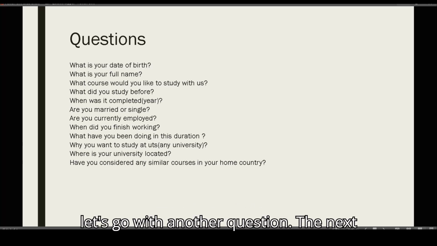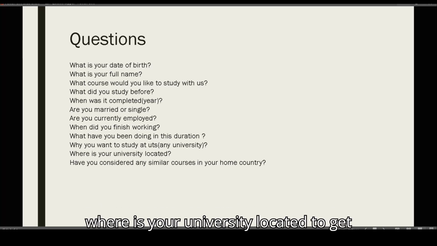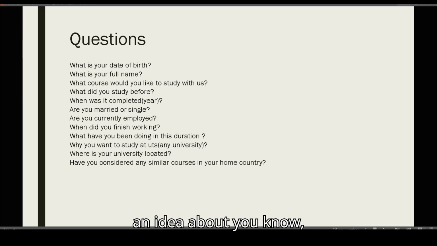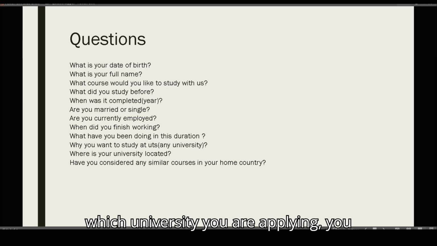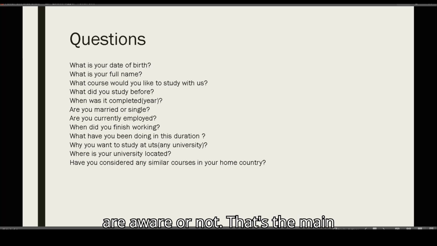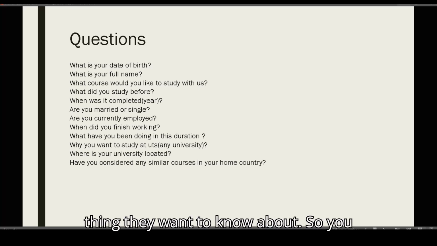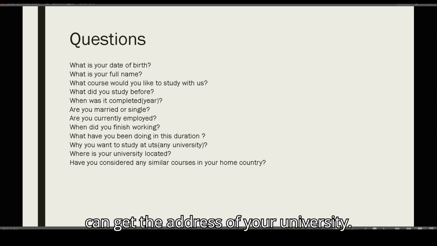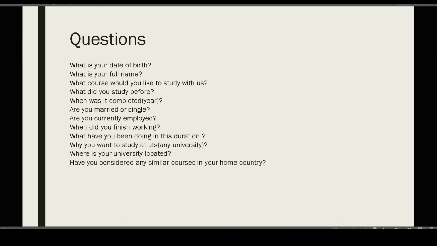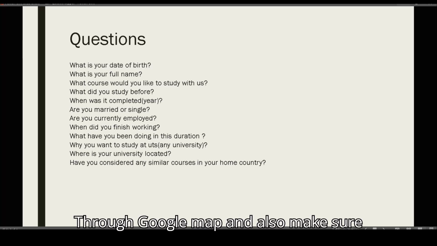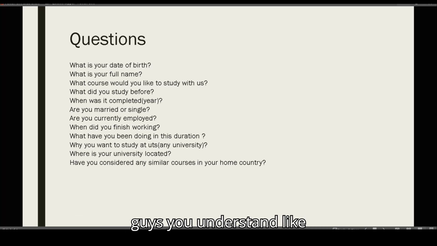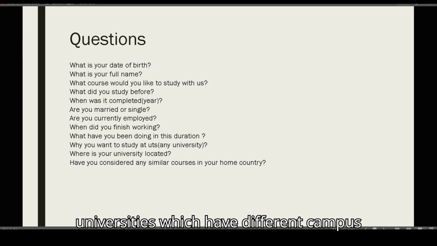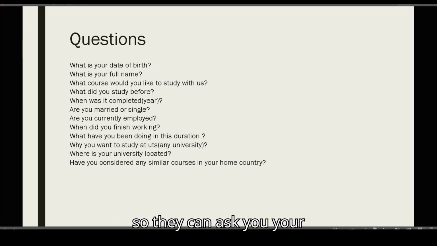All right, let's go with another question. Usually they ask where your university is located, to get an idea of whether you are aware of the university you're applying to. That's the main thing they want to know. You can get the address of your university through Google Maps. Also make sure you understand that some universities have different campuses, so they can ask you your campus location.